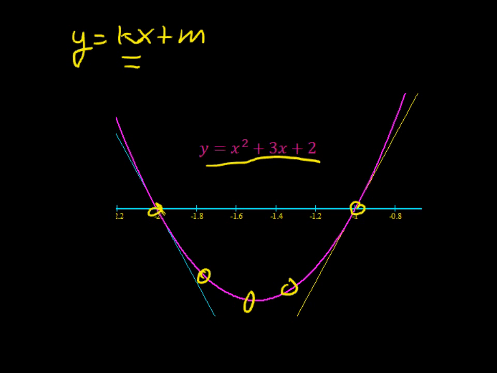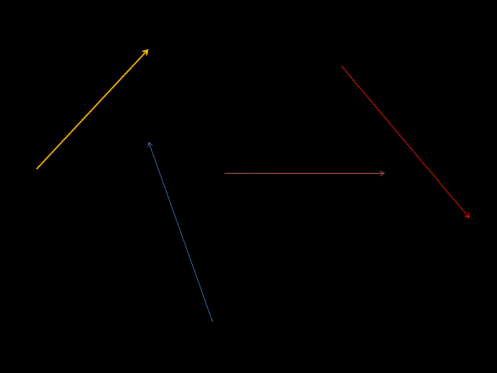So now here I have some other lines. I just wanted to illustrate that every line, including tangent lines, they point in a certain direction. And they will have a slope. And you can draw your little triangle and you can count out your delta y and your delta x. And this one has a slope. Now this one is pointing in a different direction, but a line always has a slope.